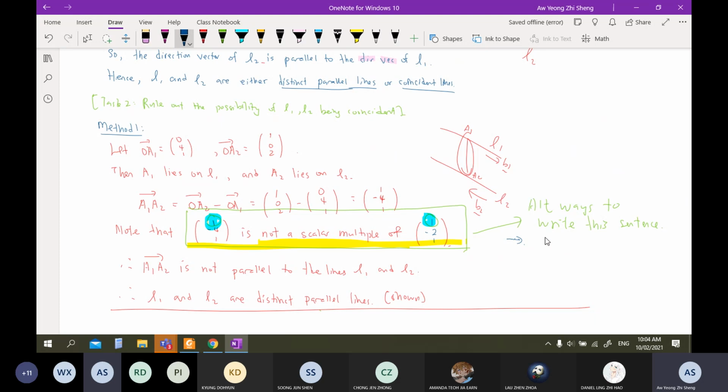One alternative way is that you can also say (1, -4, 1) and the other vector are not scalar multiples of each other.